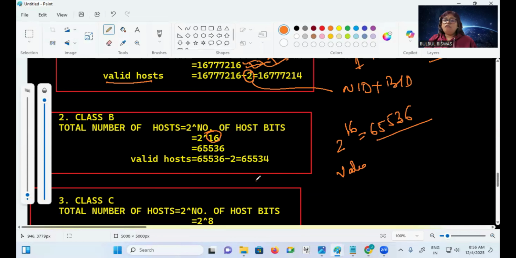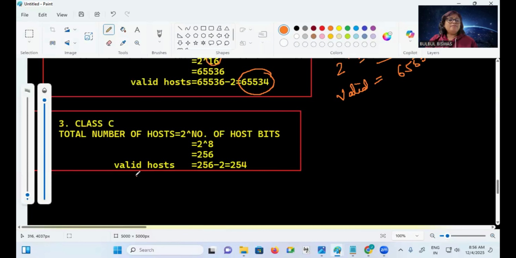If we want the valid ones, then you have to subtract 2, and you will get 65,534 valid host addresses possible from each network of class B. Now you come to class C. In class C, 8 bits are reserved for host. So 2 to the power 8 is 256. If I want the valid ones, then of course I have to subtract NID and BID. So 254.